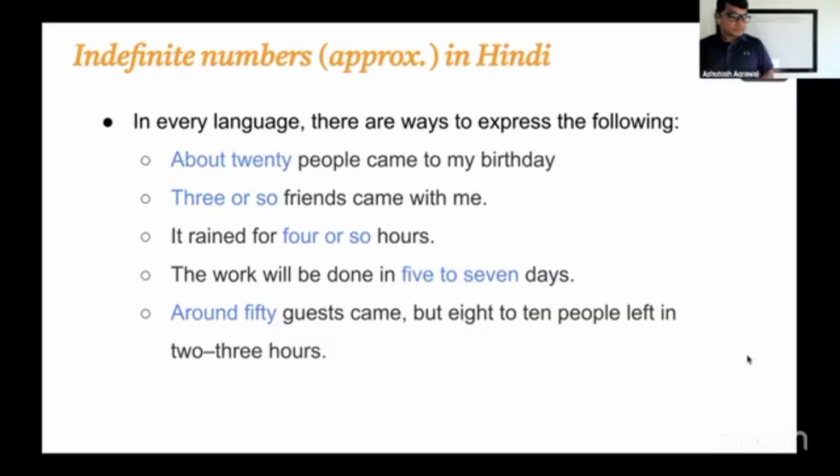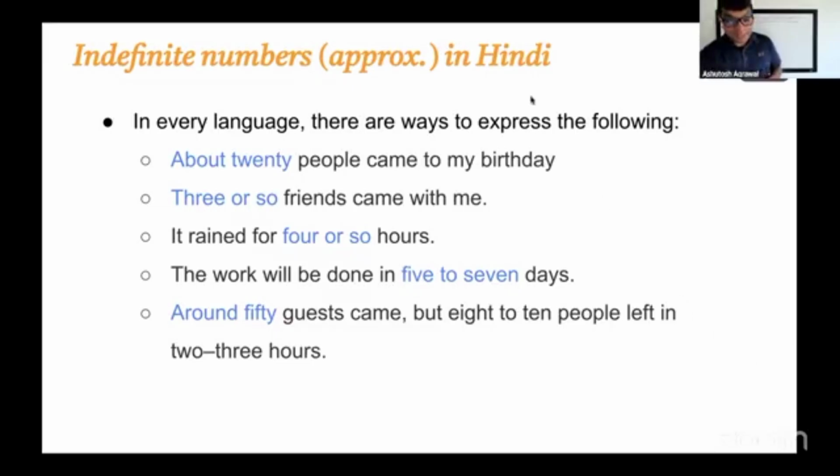As you know, in the previous classes we learned about the cardinal numbers like 1, 2, 3, 4, 5, 6, 7, 8, 9. We did learn about ordinal numbers as well, which is pehla, dusra, tisra. We learned about aggregates, which is like dono, tino, charo.